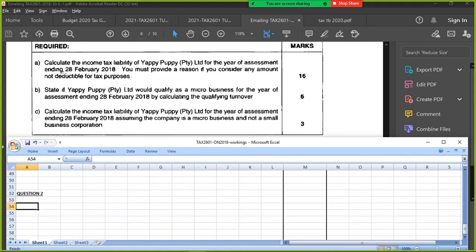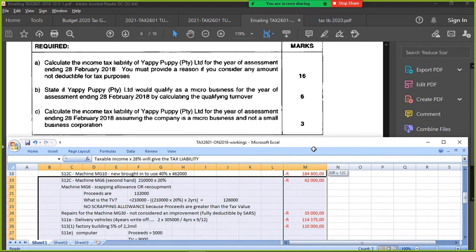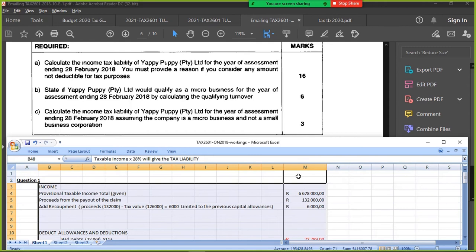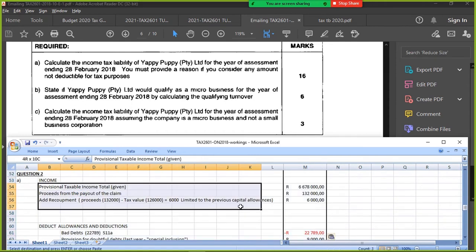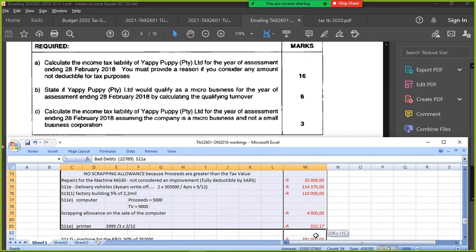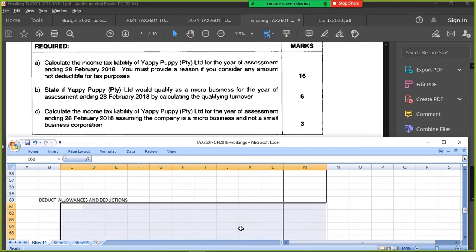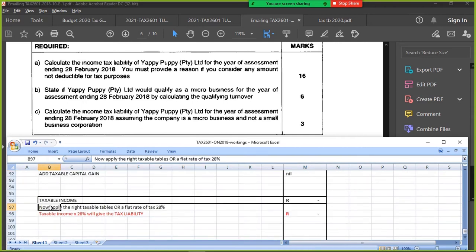Okay, number A. Calculate the income tax liability. So it's a copy paste. All of this, copy, paste. Okay, delete, yeah, the rest we can keep. This will change.